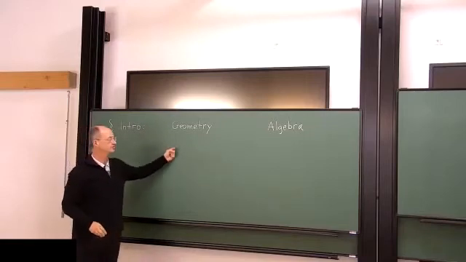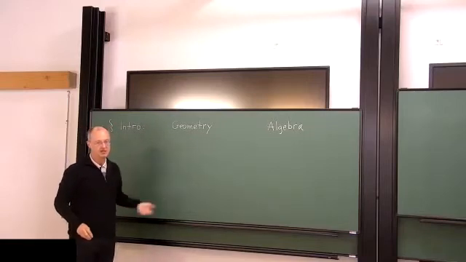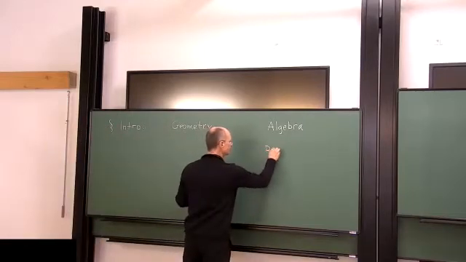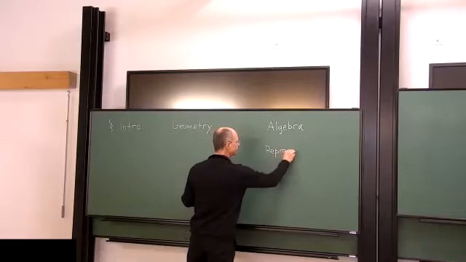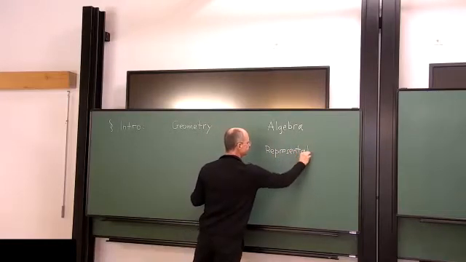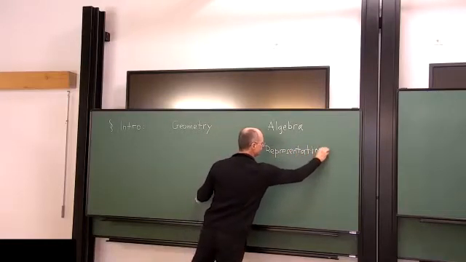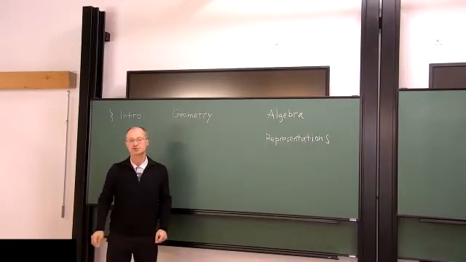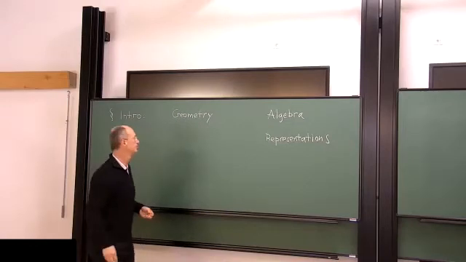And here on the geometric side and on the algebraic side, there are the following objects which play the major part. So on the algebraic side, we'll be looking at representations of groups.